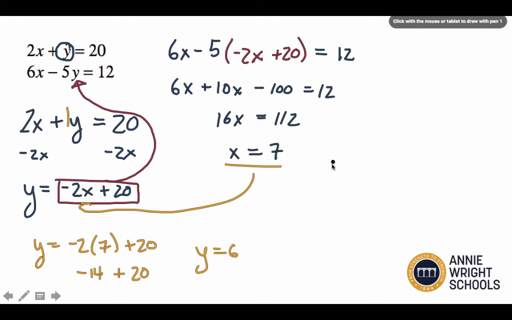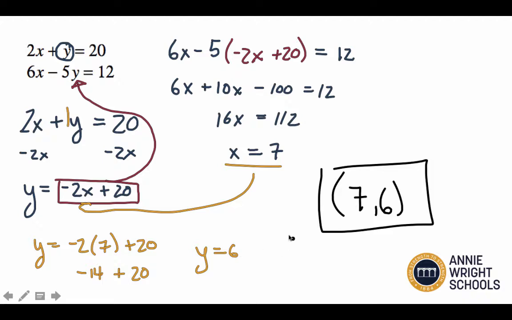So the most important idea is that I know those two lines cross at 7, 6. X comma y. The answer to a system of equations should be an ordered pair, or multiple ordered pairs if it's something like a parabola and a line. But for right now, we're just talking about two lines, so the answer is a point.